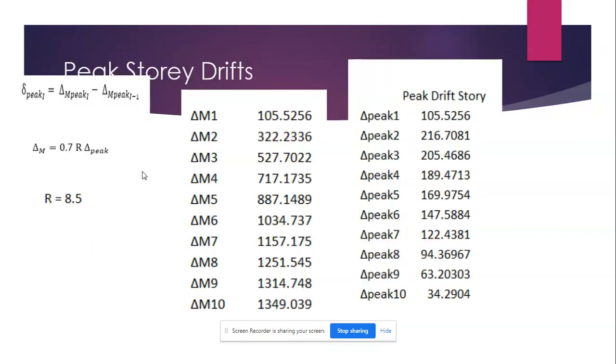So peak story drifts. Using this formula, we have delta peak 1 equals displacement of m peak 1 minus displacement of m peak 2. The displacement of m equals 0.7 R times the displacement peak, where R equals 8.5.